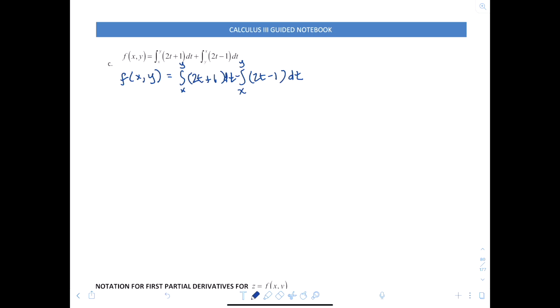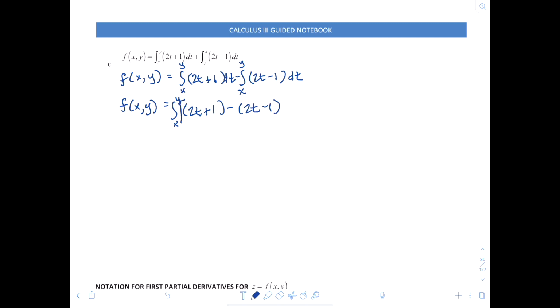Well, now that I've got the same limits of integration, I can combine like terms. So I'll have the integral from x to y of 2t plus 1 minus 2t minus 1, and all of that will be with respect to t. So that cleans up to be the integral from x to y.